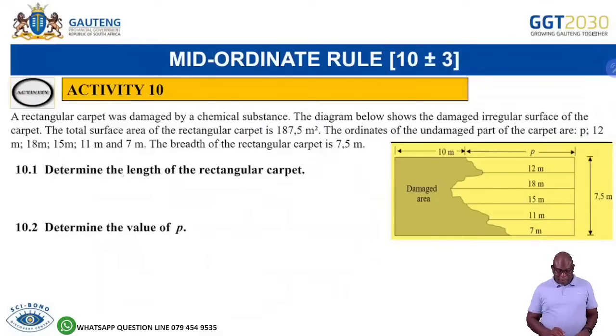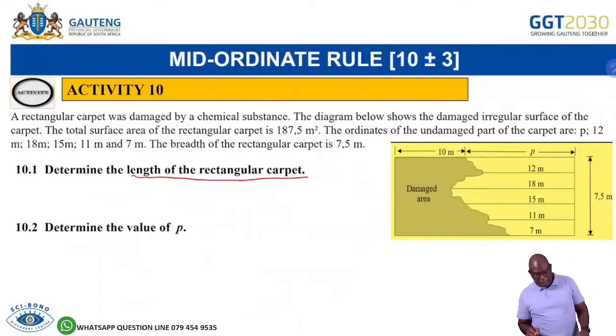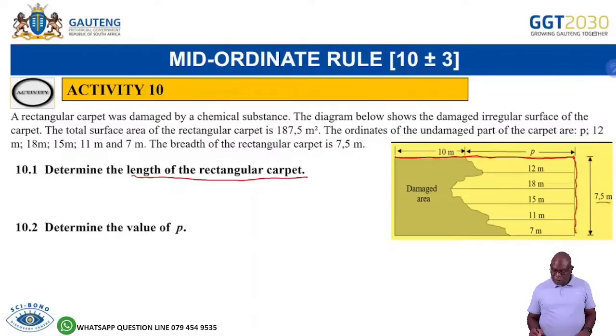In this case, they say determine the length of the rectangular carpet. We are given the breadth here as 7,5, and I'm also given the area of a rectangular carpet, which is this.